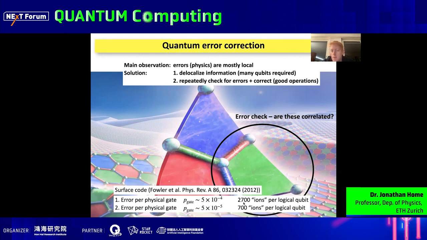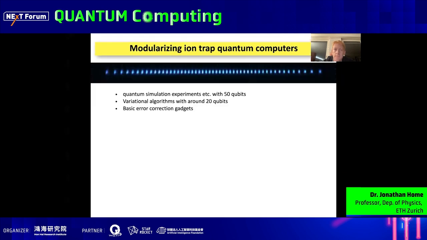And this is the factor of 1,000 overhead between my original statement that interesting things could be done with 1,000 qubits and the statement that actually it needs about 1 million. So it's the error correction which is pushing the scaling of quantum computers even before we get to interesting problems. So where does that leave my particular technology that I choose to pursue, which is trapped ion quantum computing?